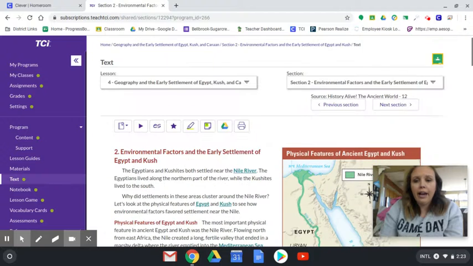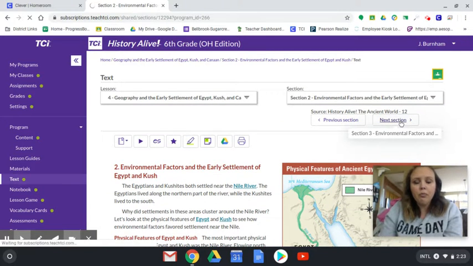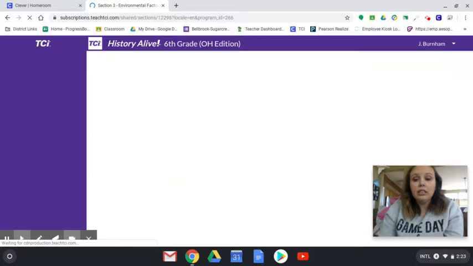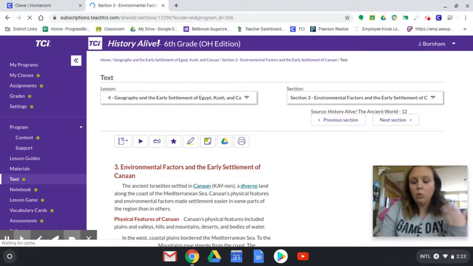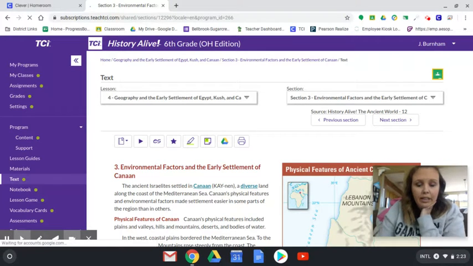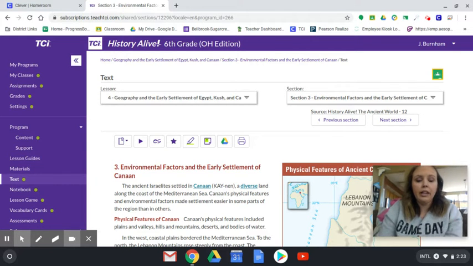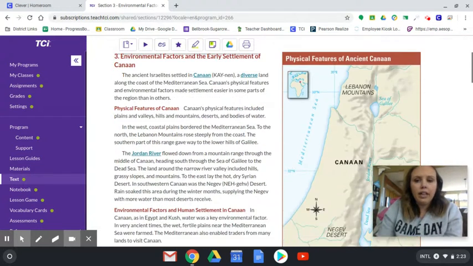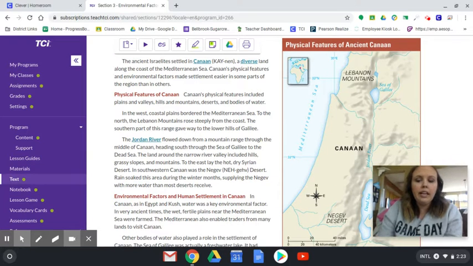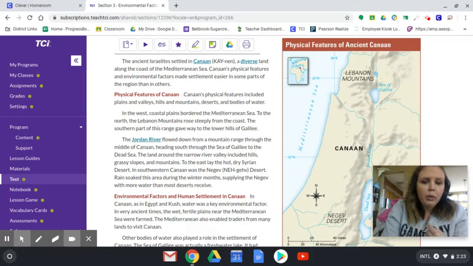Then if we look at section three, it's looking at Canaan, or the kingdom of Israel, and telling you the differences between Egypt, Cush, and Canaan. The nice thing about Canaan is they have multiple water resources. They have the Mediterranean Sea on their western side, and their eastern border is the Jordan River, which is their freshwater resource.